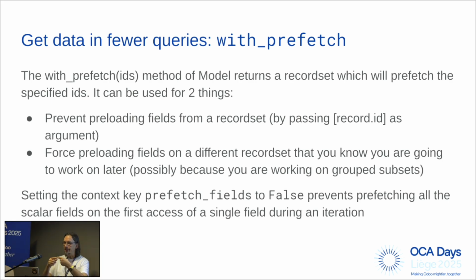And the record set is pre-configured with an internal attribute which is called _prefetch_ids, which tells Odoo which IDs it will need to prefetch when entering a loop on the record set. By default, the prefetch IDs are the IDs in the record set, and things start mattering if you have many IDs because it's a large record set, because the prefetch is going to happen in batches of 10,000, if I'm not mistaken.